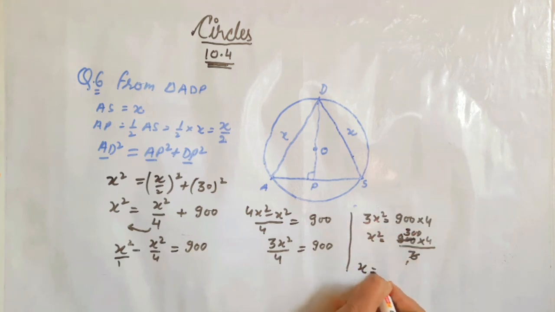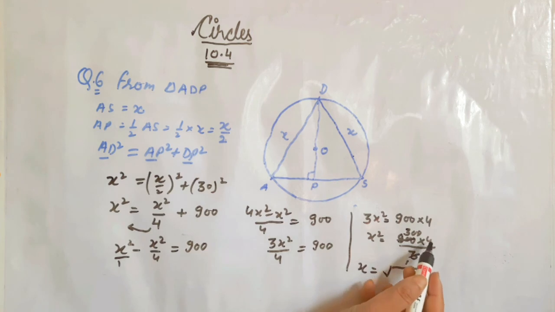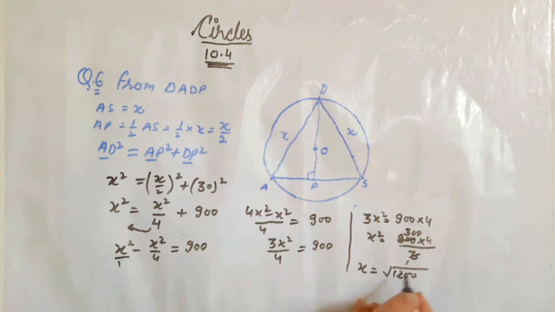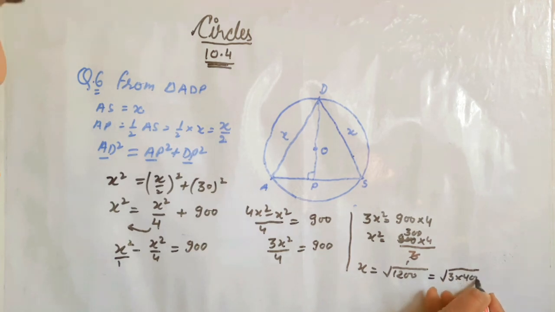So X will be equal to the square root of 4 threes are 1200, which can be written as square root of 3 into 400. So the square root of 400 is 20, and square root 3 stays as it is, so 20 root 3 meter.